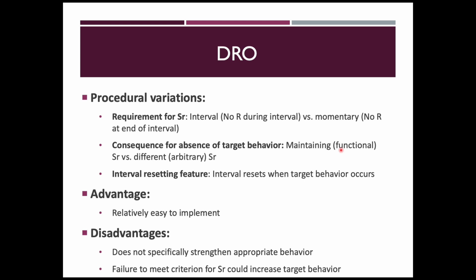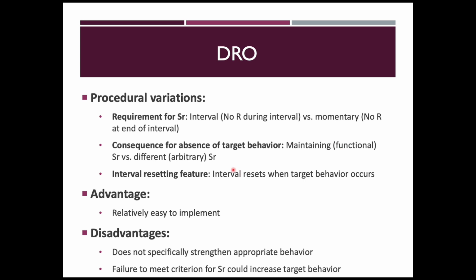So, for example, if problem behavior is maintained by gaining access to your attention, we could set up a DRO where we're going to deliver not attention as a reinforcer, but the individual's highest preferred item. So let's just say the individual prefers M&Ms more than they do your attention. So we could actually deliver M&Ms contingent on the absence of behavior, right? So we have these two options for the consequence. We could deliver the maintaining the functional reinforcer or an arbitrary reinforcer.